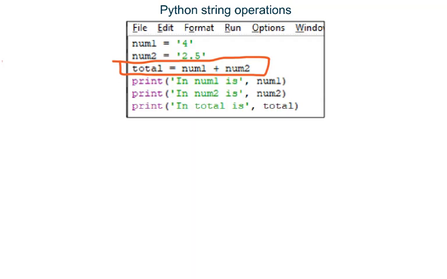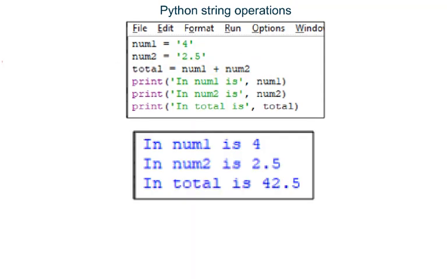Line 3 makes a new variable called total and stores in it the result of what is in variable num1 plus what is in variable num2. However, Python cannot do a mathematical addition here because num1 and num2 are storing strings, and we can only do maths with data types integer or data type float.